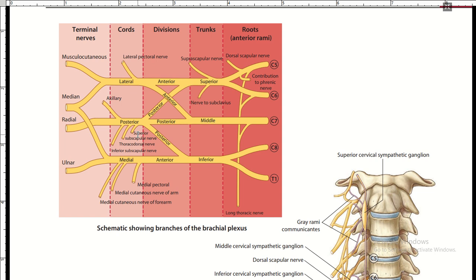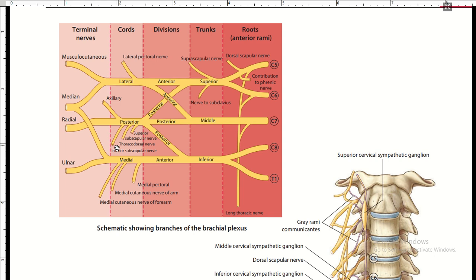And then the L stands for the lower subscapular nerve, or the inferior subscapular nerve. This is going to supply the subscapularis muscle and the teres major muscle. So this inferior subscapular nerve will supply two muscles, your teres major muscle and your subscapularis muscle, right?